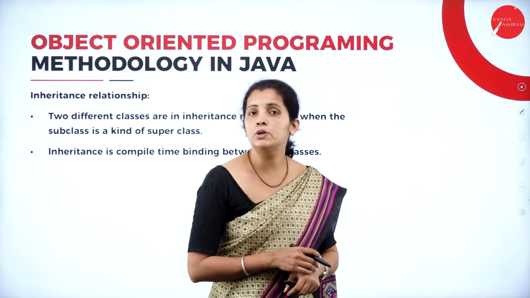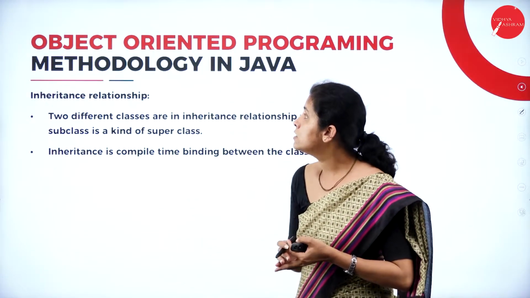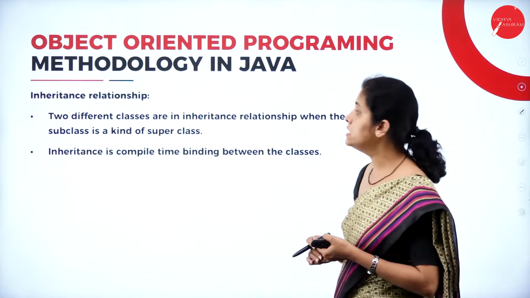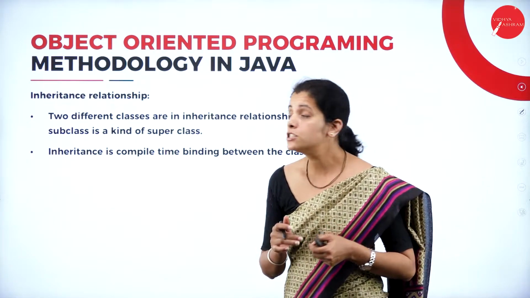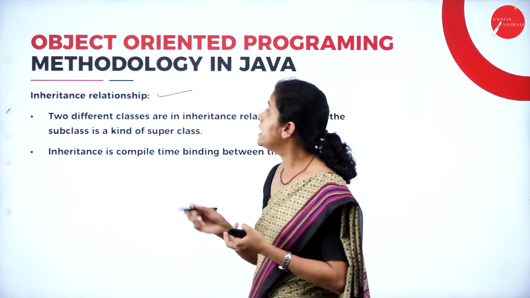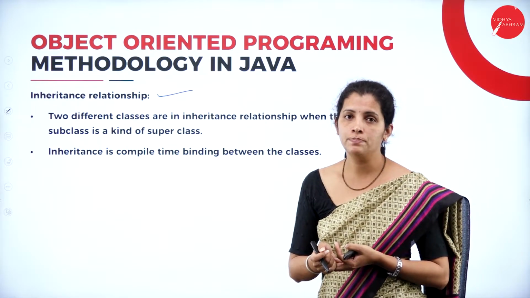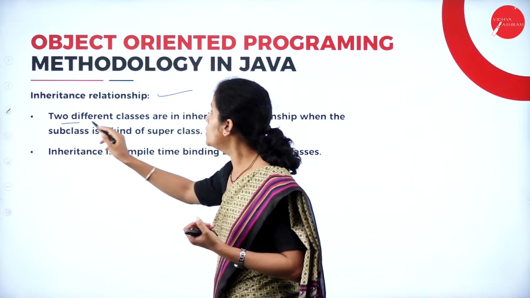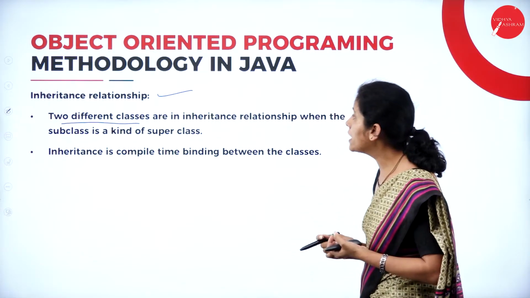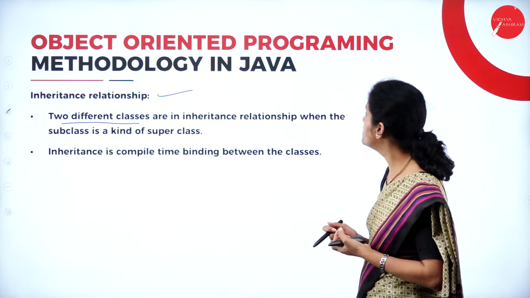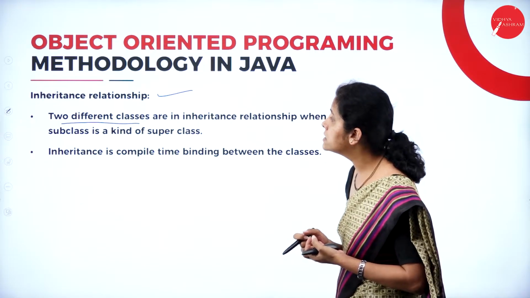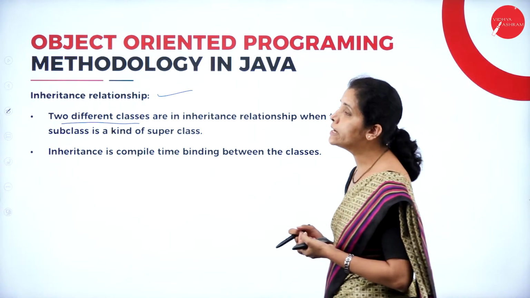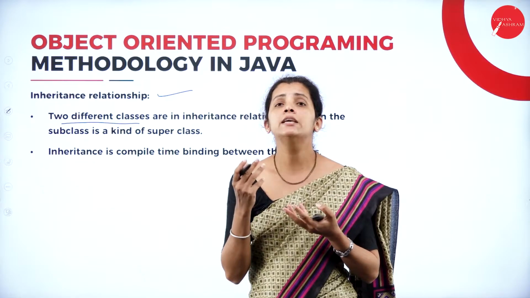Now let me explain another topic, that is object oriented programming methodology in Java. The first topic is the inheritance relationship. So what is inheritance? Two different classes are in inheritance relationship when the subclass is a kind of superclass. Inherit means to acquire the property.